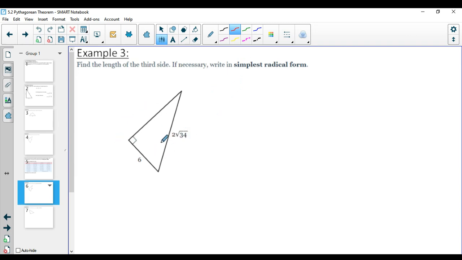So we're finding the third side. So this is our third side. Maybe I'll call it a, right? Because the hypotenuse is 2 square roots of 34. And if we use our Pythagorean theorem, a squared plus b squared equals c squared, then we get a squared, we don't know a, I'm looking for it, plus 6 squared is our other leg, equals our hypotenuse, 2 square roots of 34, squared.